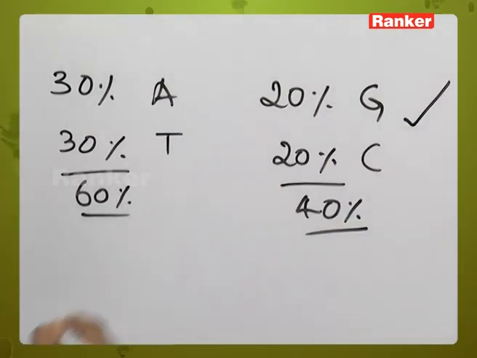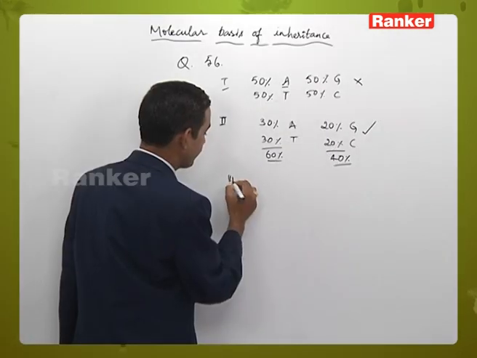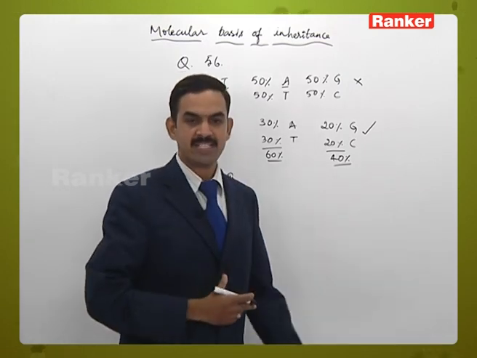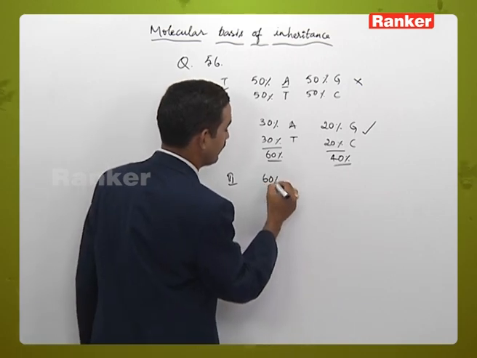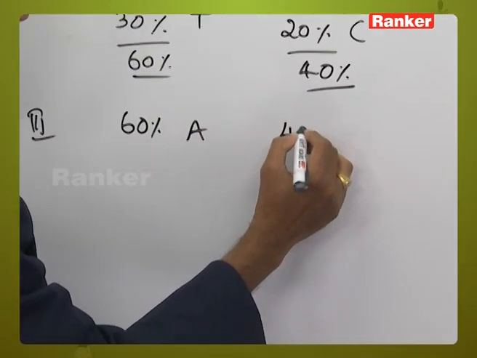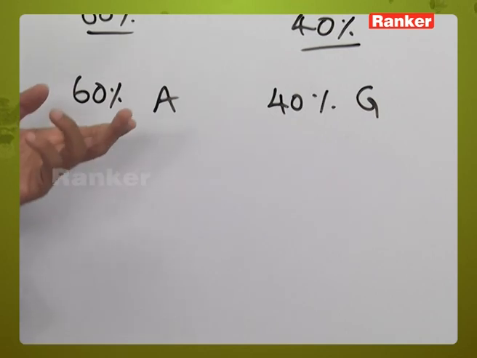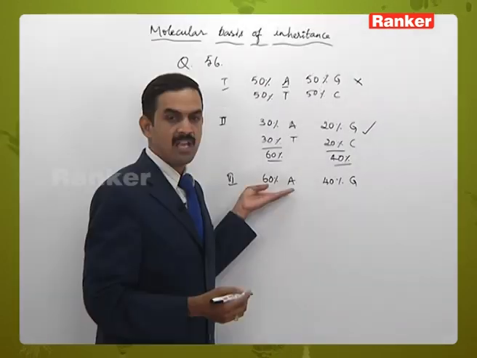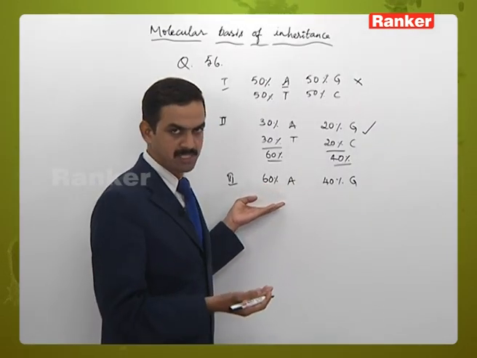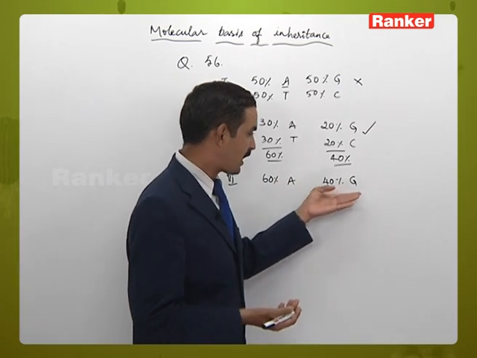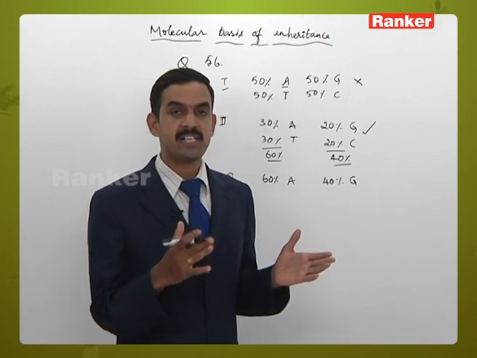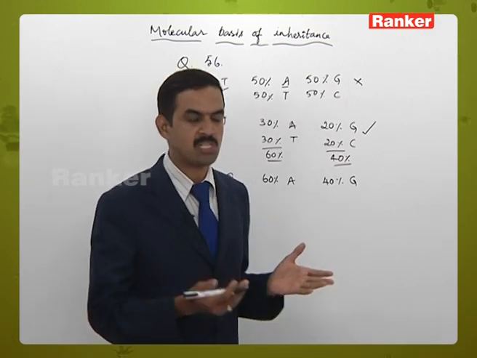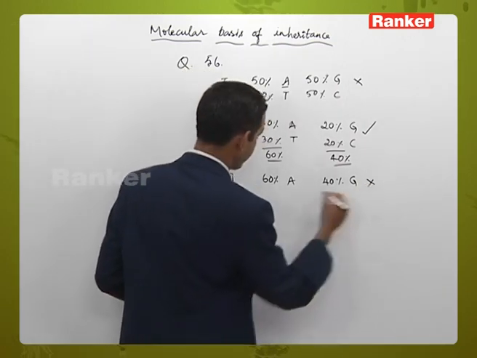So it is possible in a DNA molecule. Then the third one, a DNA molecule may consist of 60% adenine and 40% guanine. When adenine is 60%, thymine should also be 60%, and when guanine is 40%, cytosine should also be 40%. So it is going beyond 100%, and it is not possible here.